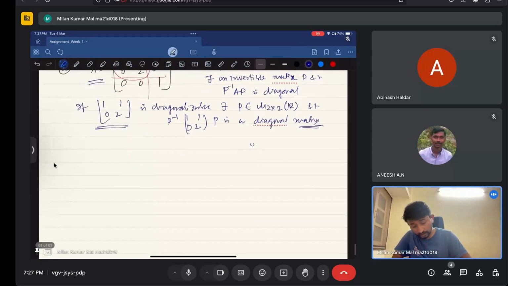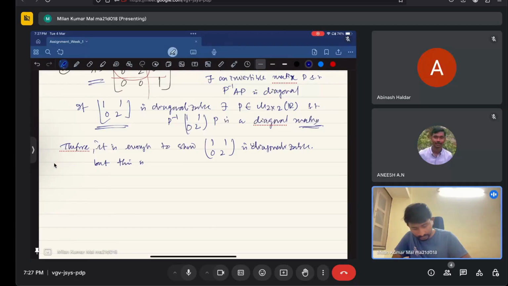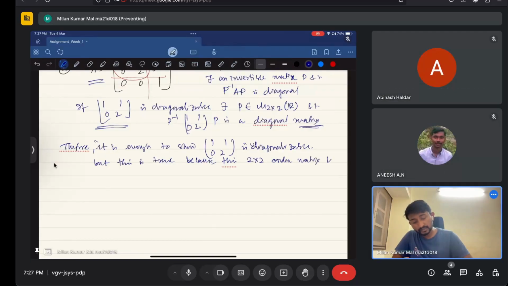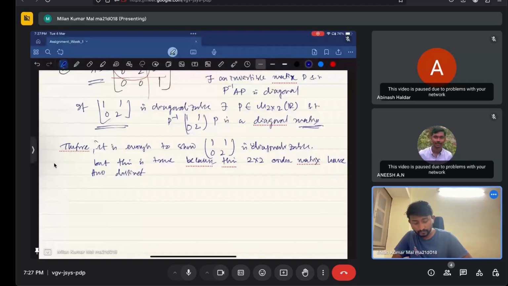that [[1,1],[0,2]] is diagonalizable. But this is true because this 2 by 2 matrix has two distinct eigenvalues, and they are 1 and 2.